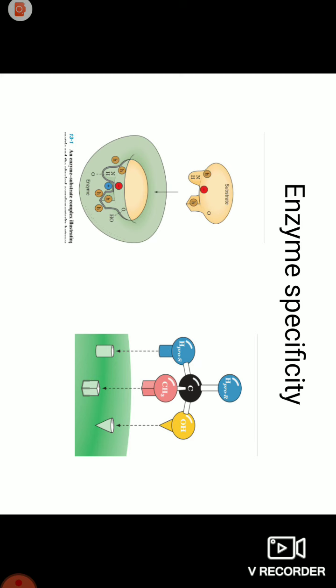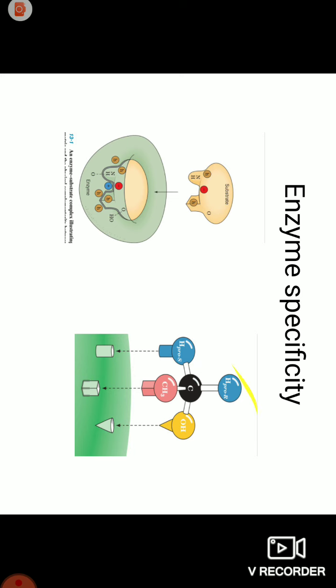And even mere structural similarity doesn't guarantee substrate binding. In some cases, even though the substrate binds to the enzyme, we won't get the product. This is because there won't be a precise arrangement of the ions or the functional groups involved in the reaction.